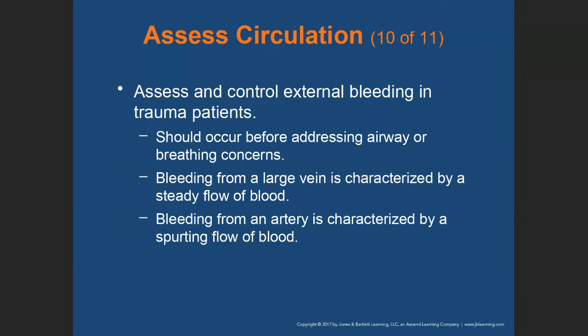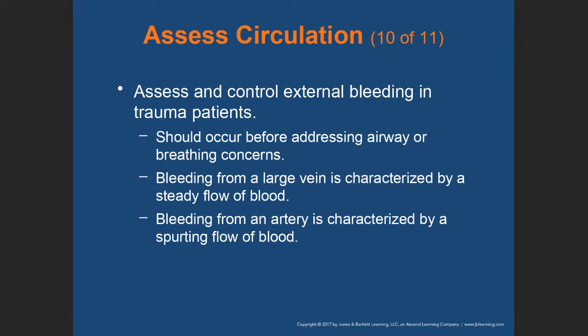If you find any areas of blood loss, instruct personnel to control that. Or you assess the pulse immediately after the breathing and then control blood loss that's not considered significant.